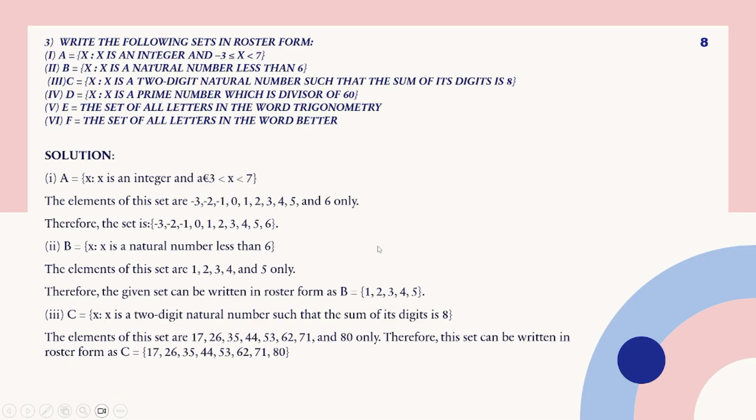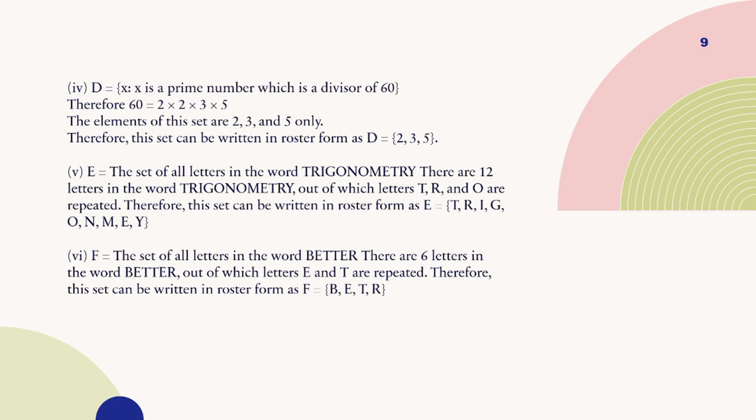Let's see the next question: the set of all letters in the word trigonometry. As we previously saw, 2 was repeated twice, but we wrote it once because in roster form the elements should not repeat.